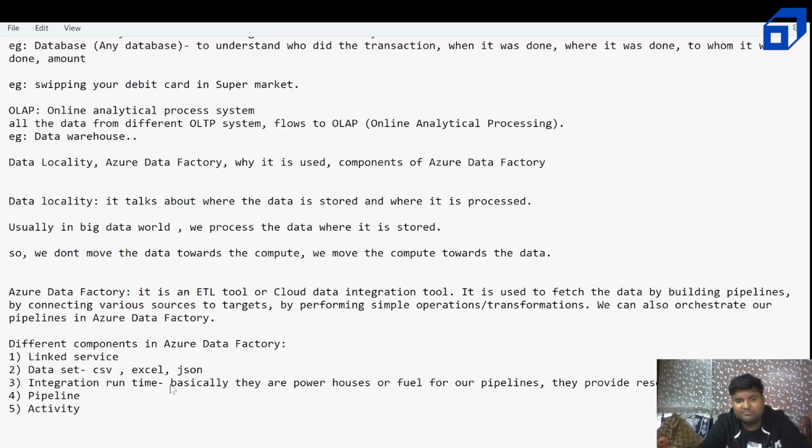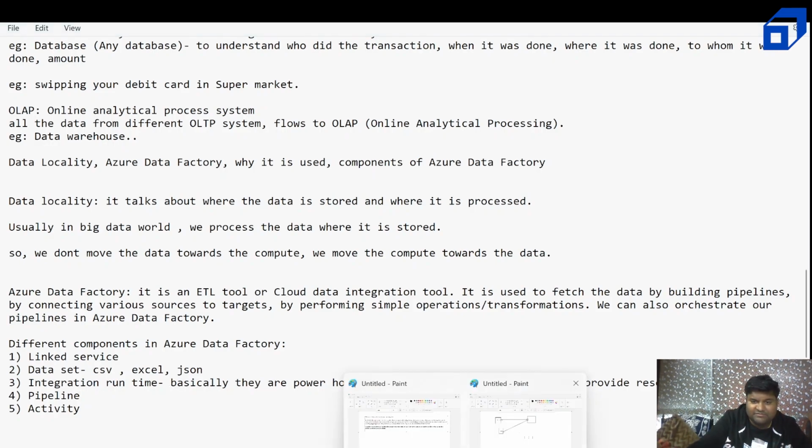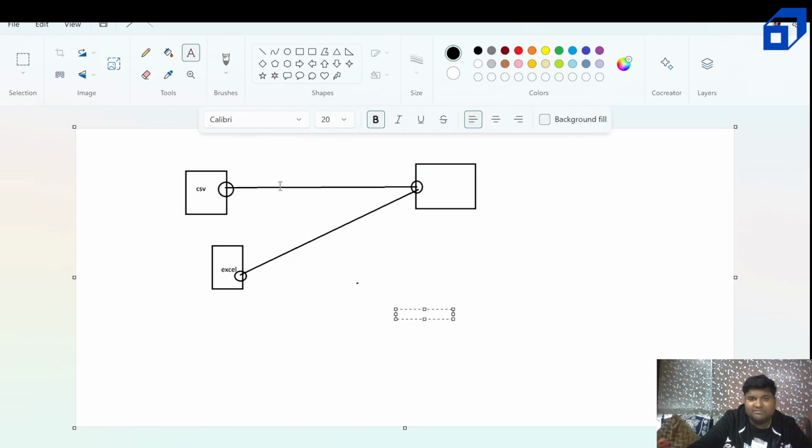Basically, it provides the energy for the pipeline to go and pull the data from a source and then load it into the target. So there are different kinds of integration runtime. We will talk about it in the further classes, but I want to give you a generic overview. What is a pipeline? A pipeline is basically this diagram which I have shown. It is a component which is used to pull data from a source and load the data in the target.